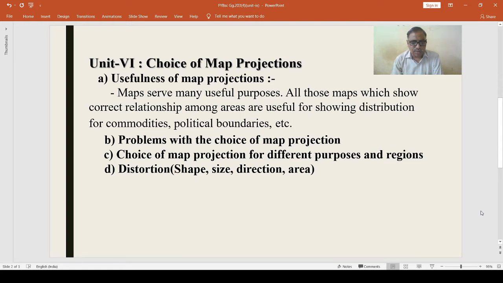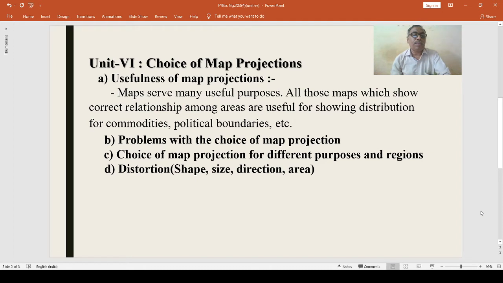Azimuthal equidistant projection is used to show air route distances. Thus, a variety of map projections have been developed, each with its own specific quality. In this way, the projections are useful for different purposes.